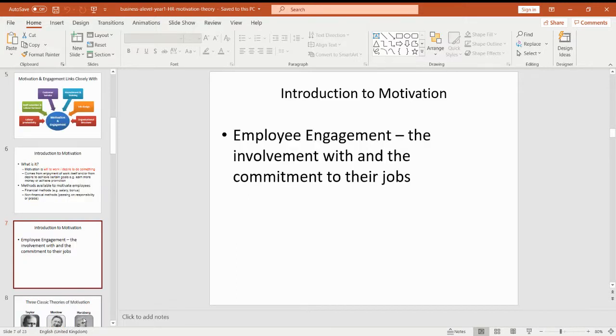Okay. So just going back to employee engagement: it is the involvement with and the commitment to a person's job. So you could argue that a school teacher, for instance, is very engaged with their job. They're very focused. They're committed to ensuring that all students within their charge are very successful in that particular subject area.